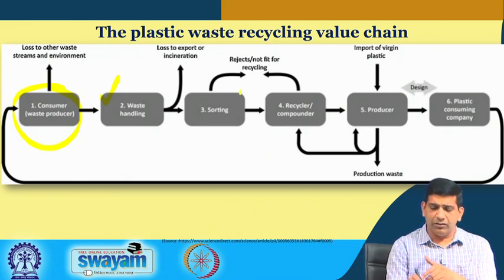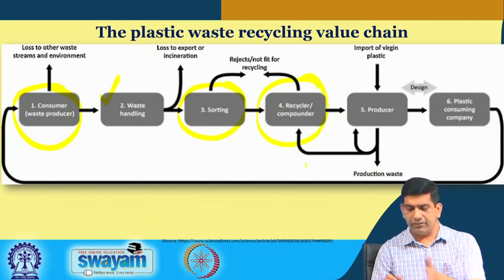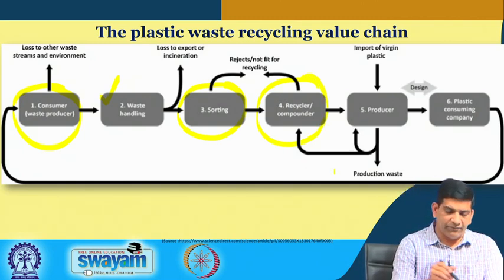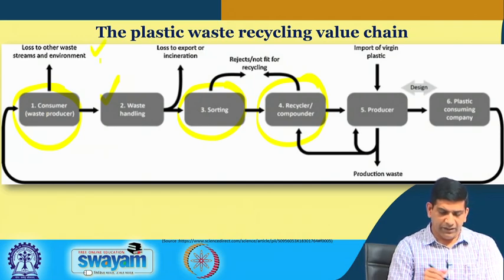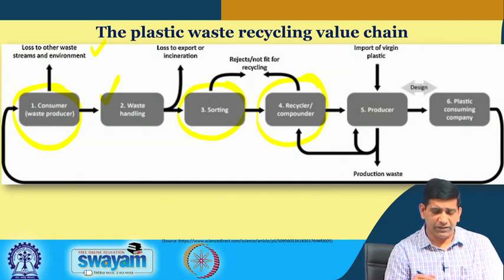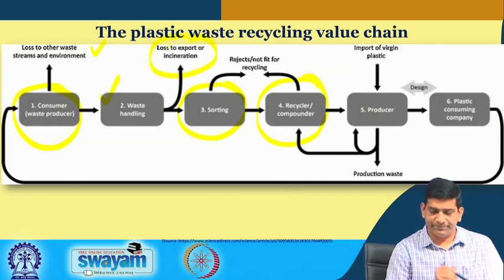Sorting, you have sorting for different types of plastic, you take it to a recycler's place, and then in between, from the consumer, some is lost to other waste streams in the environment. So, you will lose part of it, it will not all get collected, there will be some loss to export or incineration.